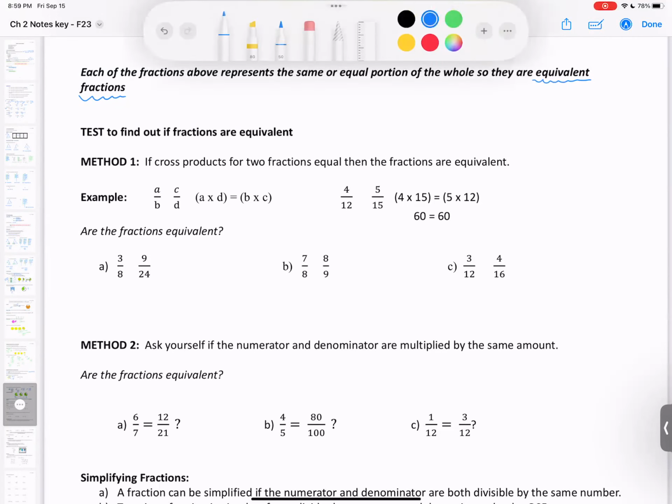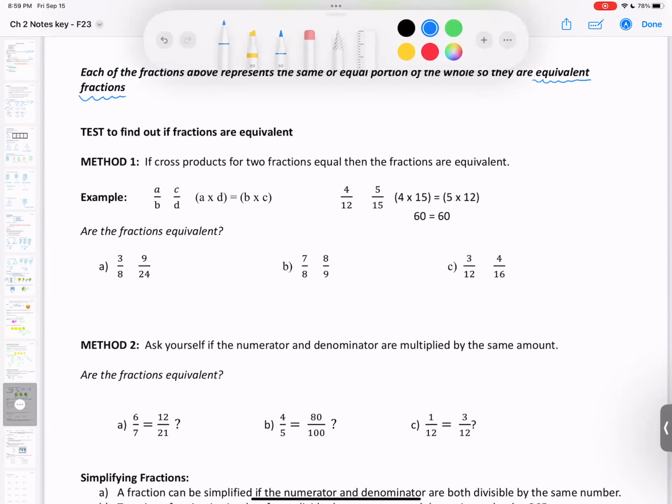If you want to know if 2 fractions are equivalent, I'm just going to write an equal sign here with a question mark to say we're checking if those 2 things are equal. One method to find out is to draw an X. If this first line, A times D, equals the second line, C times B or B times C, then they are equivalent.